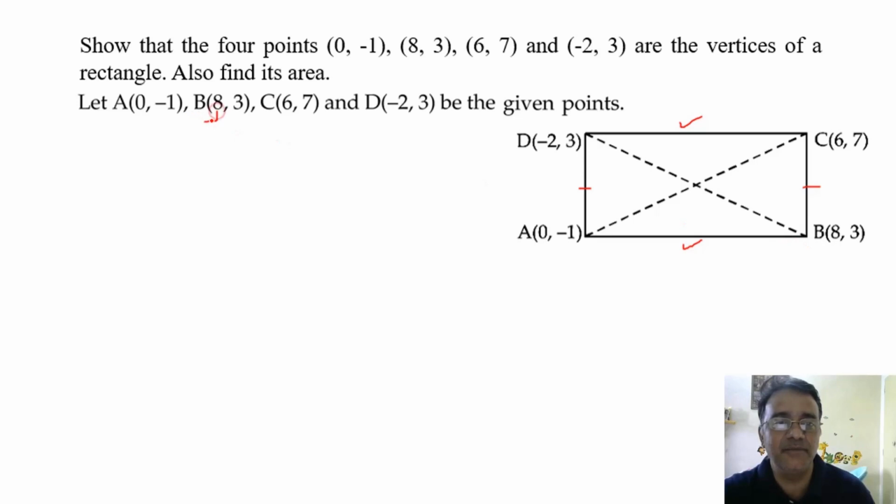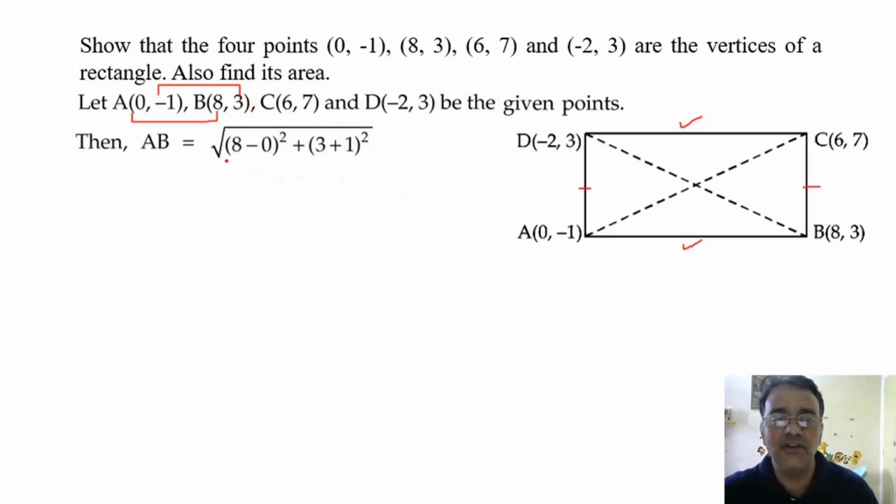AB is 8 minus 0 whole square plus 3 minus of minus 1, that is 3 plus 1 whole square, whole root. So how much will this be? 64. This will be 16. So 64 plus 16 is 80. What is the square root of 80? 4 root 5.